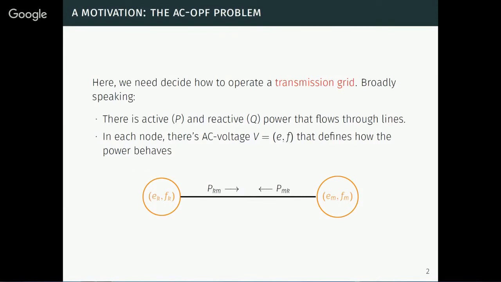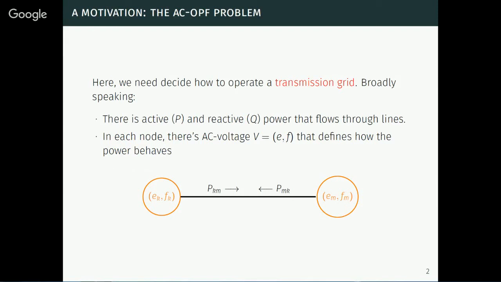We started working with the so-called AC-OPF problem, which stands for AC, just alternating current, optimal power flow. The idea of the problem that you're trying to solve here is how to operate a transmission grid. In a transmission grid, you can think of it roughly as a graph, where each node will be called a bus.